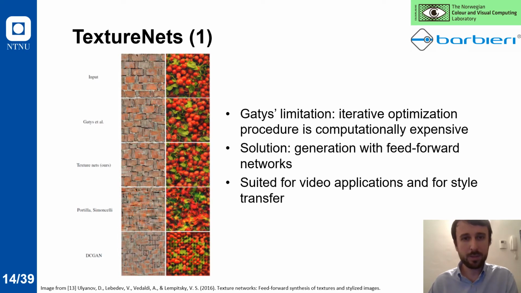To solve this, Ulyanov and colleagues essentially tried to generate textures with a feed-forward network. In this way, these techniques would be good, for example, for video applications and for style transfer.